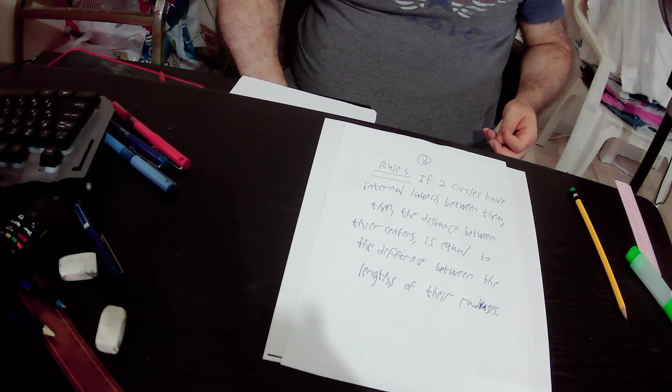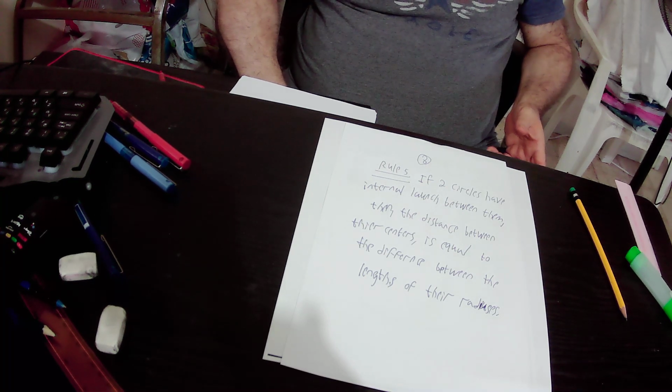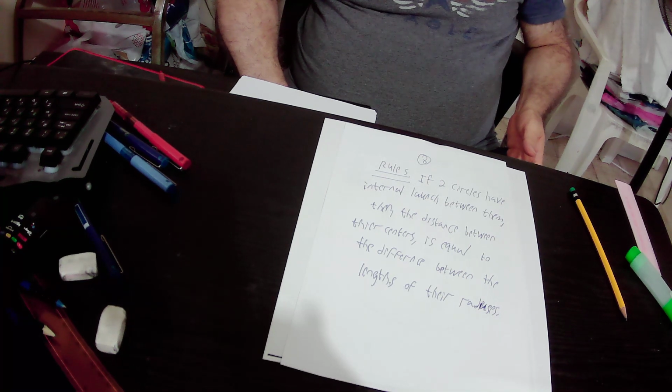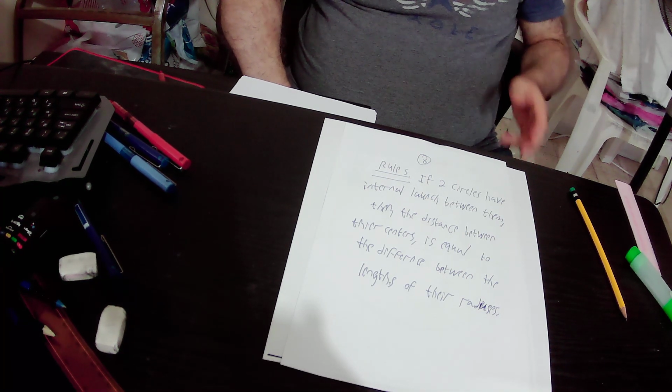Okay, so the distance d equals r1 minus r2, if r1 and r2 are the radiuses of the circles. Okay, d equals r1 minus r2 when d is the distance between the centers and r1 and r2 are the radiuses of the two circles.